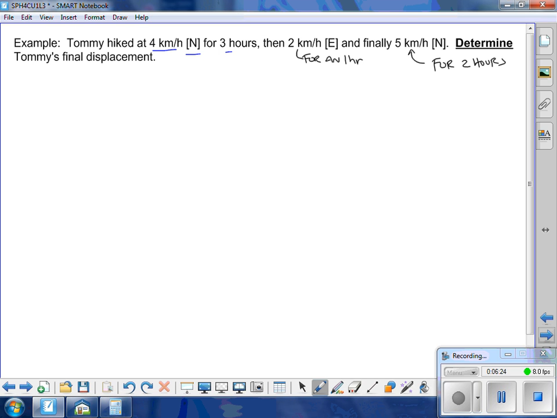So basically what's happening here, if you think back to yesterday, if I called this first vector u, this vector v, and this vector w, because he's traveling for 3 hours, he is doing 3 u vectors, plus a v vector, because we just said it's for an hour, plus he's doing 2 w vectors.